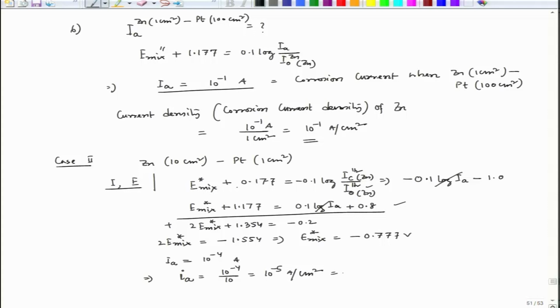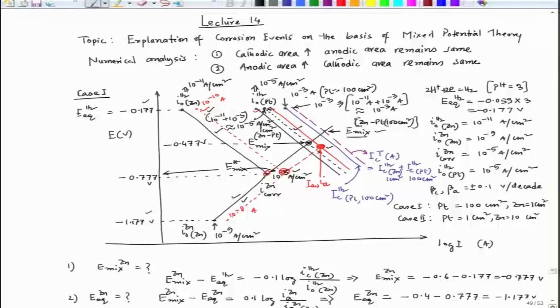And so, this is the corrosion rate of zinc of 10 centimeter square when zinc only is dipped in acid.